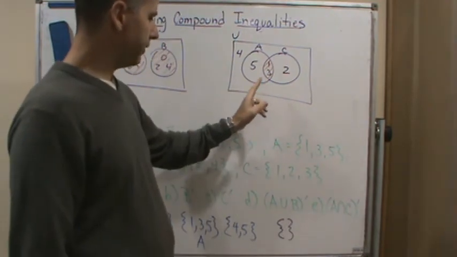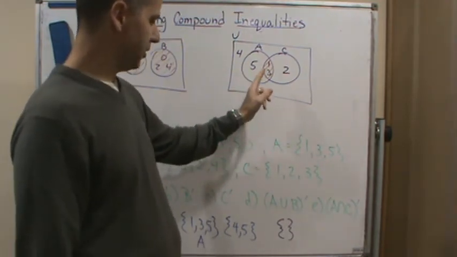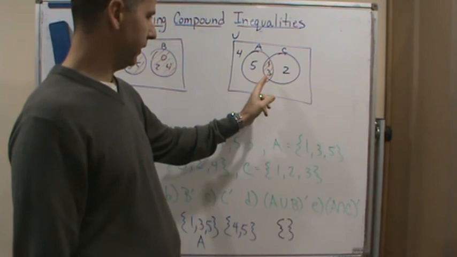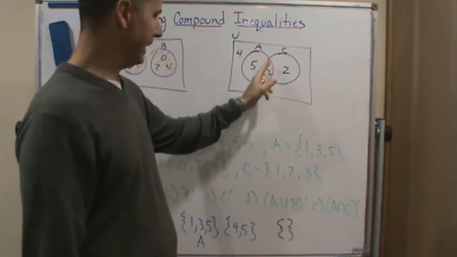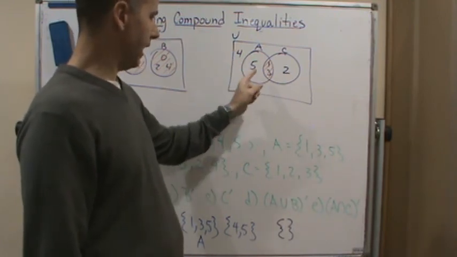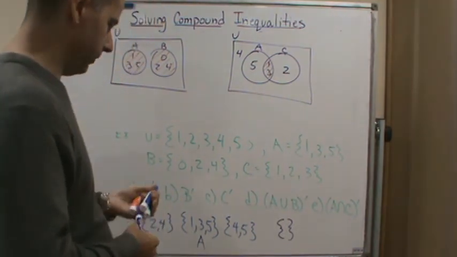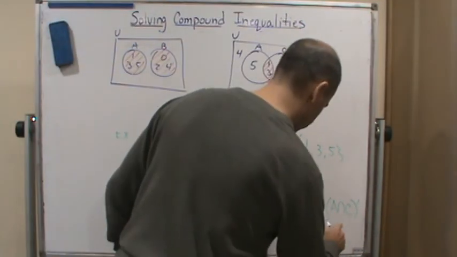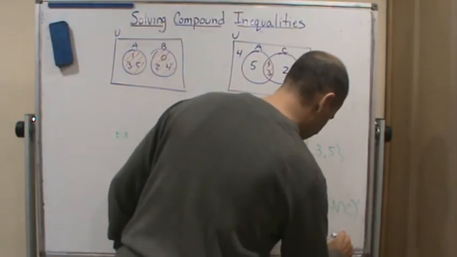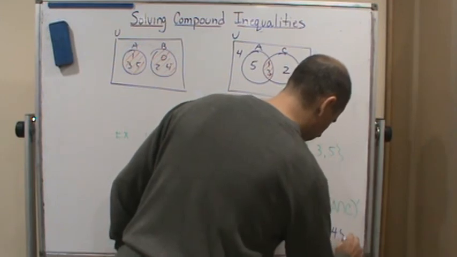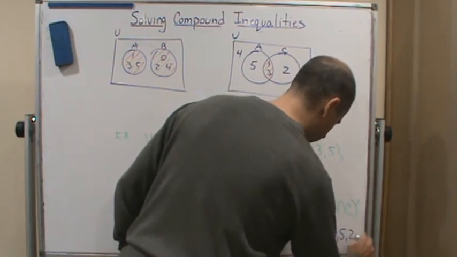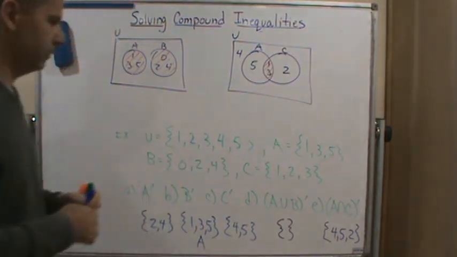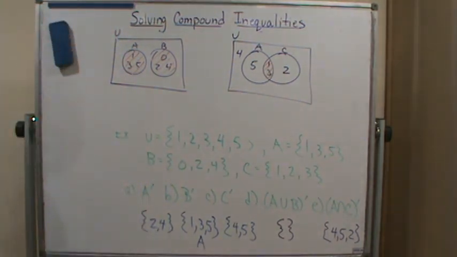So we want everything that's not in the intersection of A and C. Well, what's not in here? That's going to be 4, 5, and 2. So the answer is the set of 4, 5, and 2. The order doesn't matter, so you can say 2, 4, and 5. And that's how you handle those.